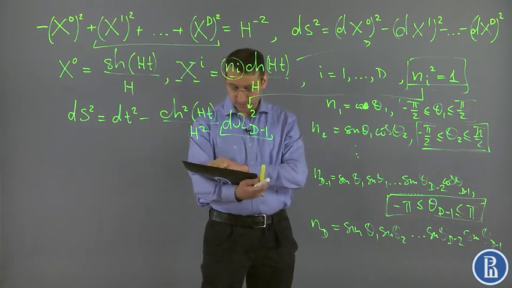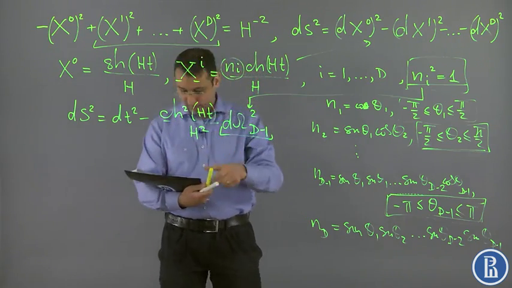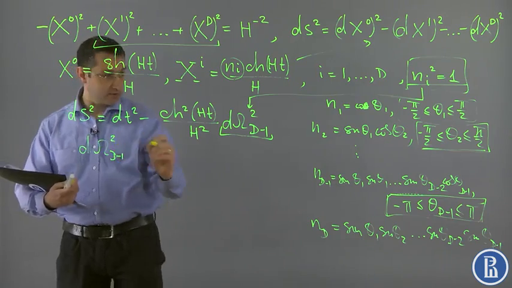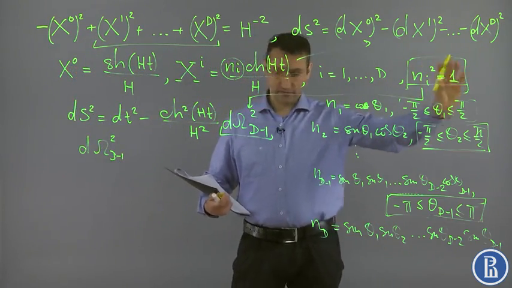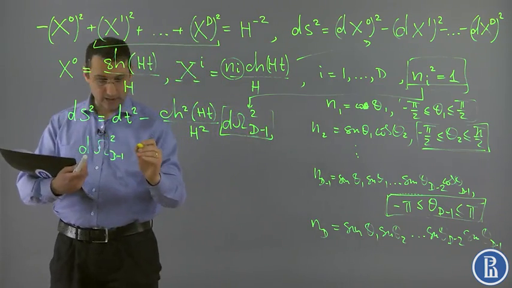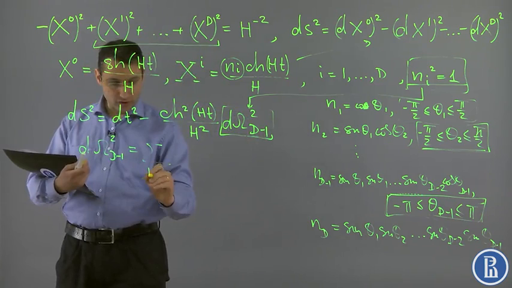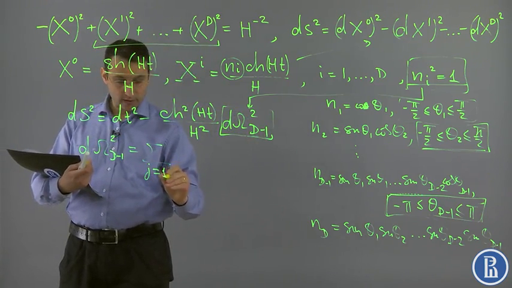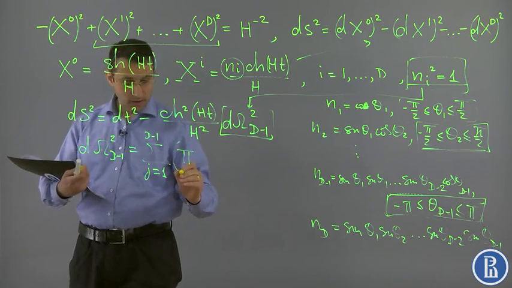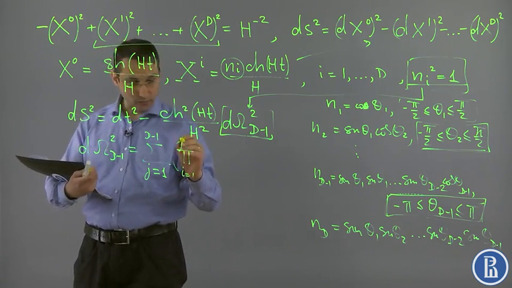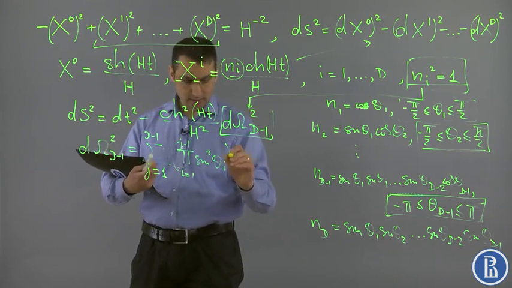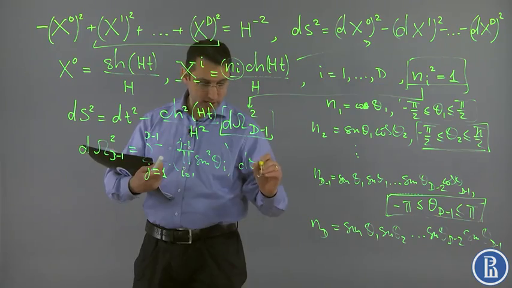If we use this parametrization and plug it in, d omega d minus 1 squared is nothing but the sum over j from 1 to d minus 1 of the product over i from 1 to j minus 1 of sine squared theta i times d theta j squared.